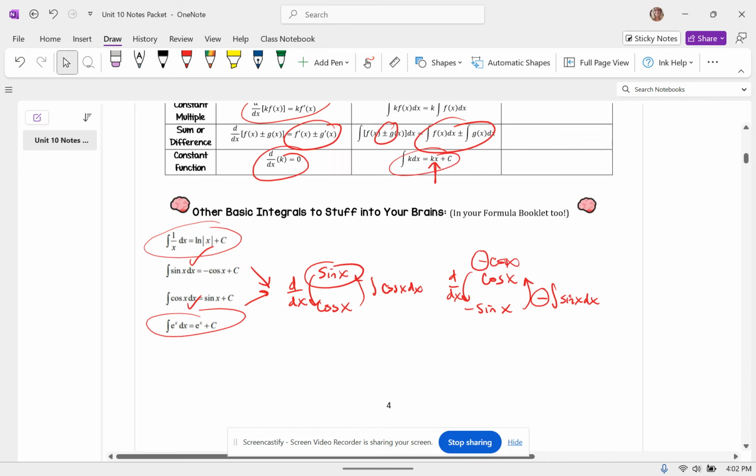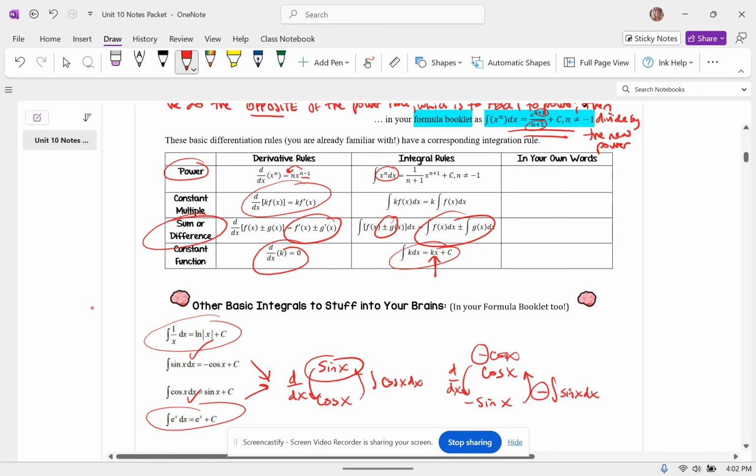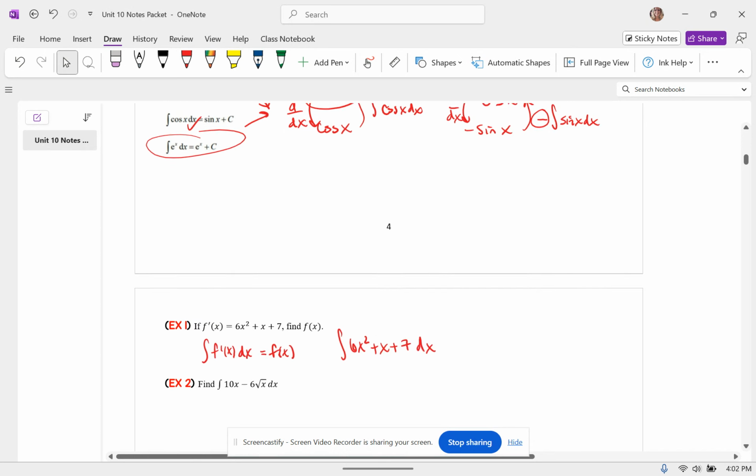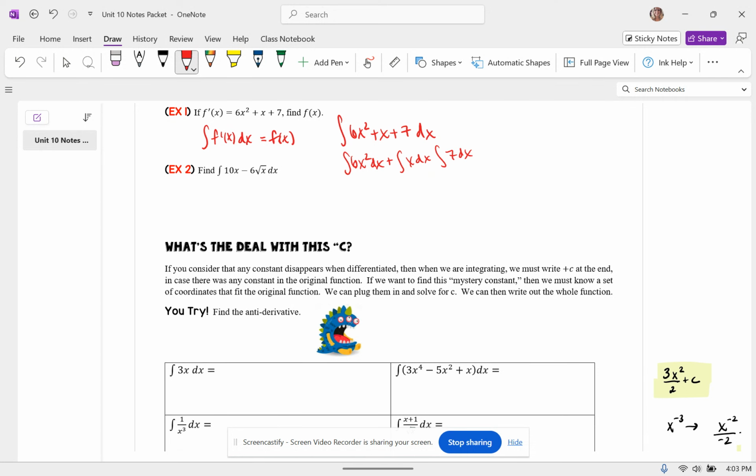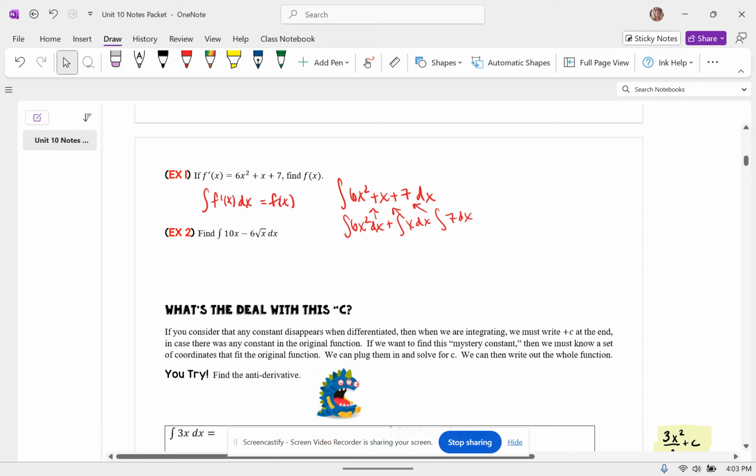So the sum or difference rule tells me that when I'm integrating a polynomial, I can work piece by piece. I can either think about it as split up like this, but that seems like a little time consuming, right? So why don't we just work piece by piece, and you'll end up getting the exact same answer if you split up all the different pieces along the pluses and minuses, okay?